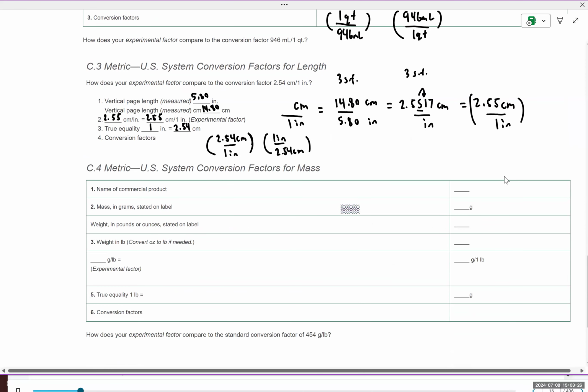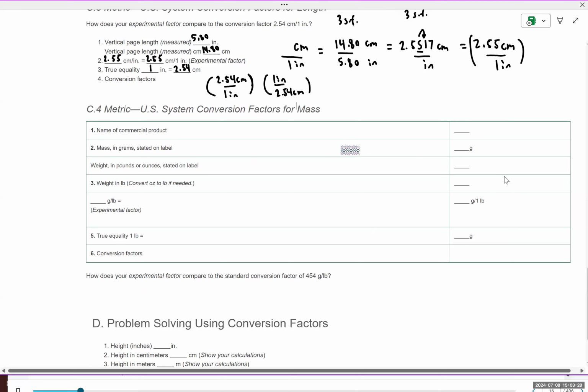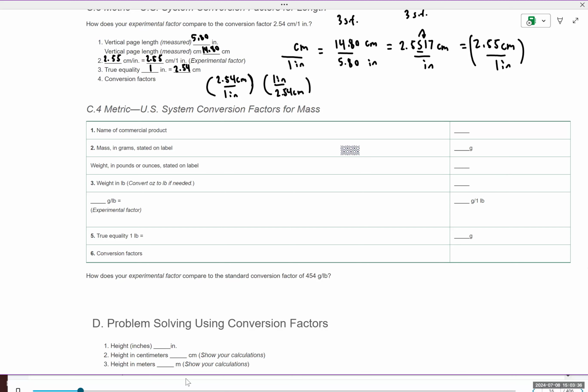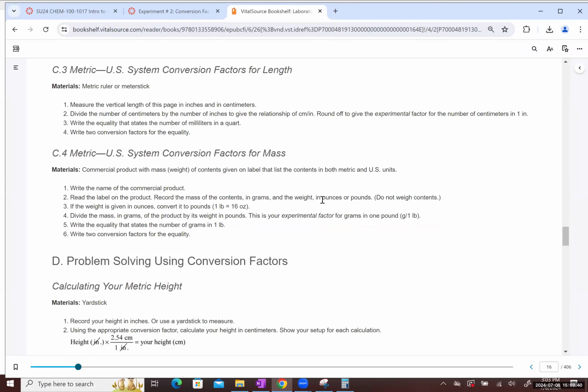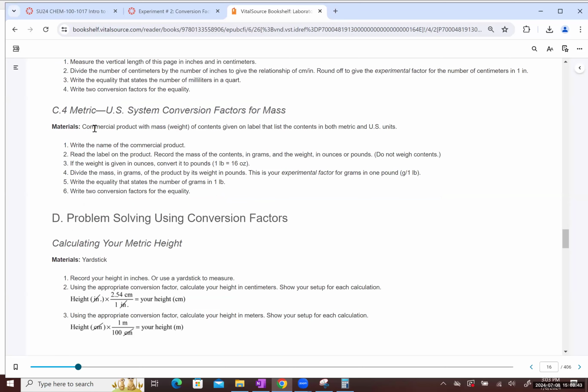Let's now take a look at part C4, which concerns unit conversion factors involving mass. Again, anytime we are encountering a part where we need some additional instructions, let's read the instructions from our lab manual. In this case, we're asked to write the name of the commercial product. You're going to see a photo of a commercial product with a weight in ounces and grams.